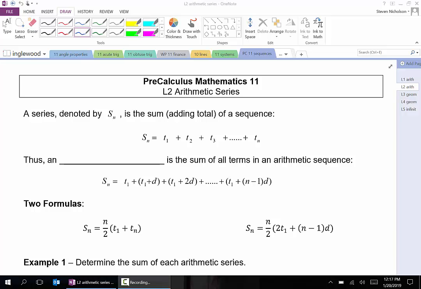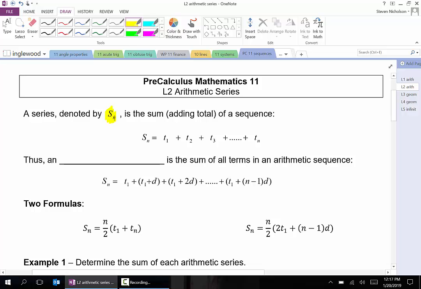A series, denoted by capital S sub n, is the sum, adding, of a sequence. So for example, S of n would equal the first term plus second term plus the third term, plus the nth term.